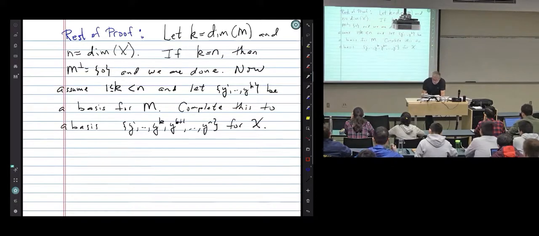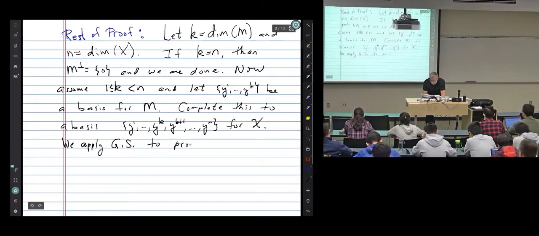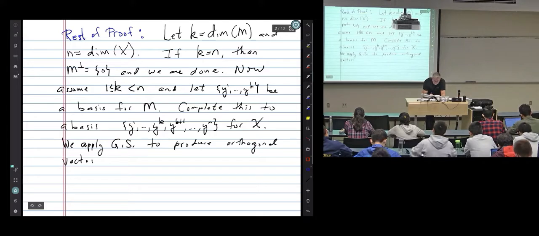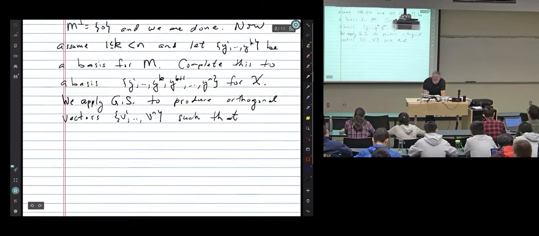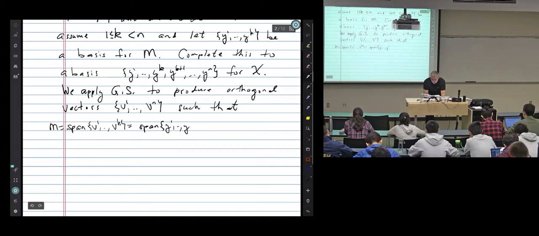So we apply Gram-Schmidt to produce orthogonal vectors v1 to vn such that M equals the span of v1 to vk equals the span of y1 to yk.